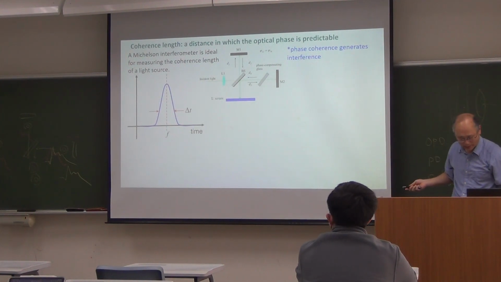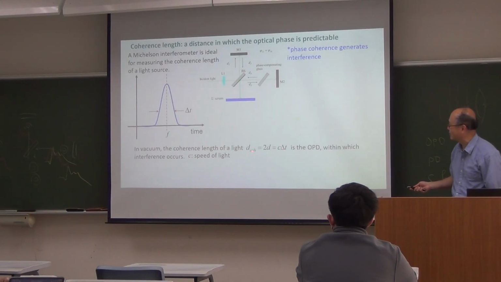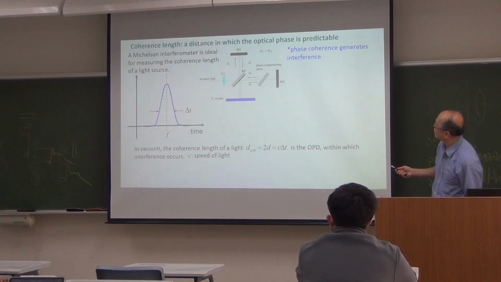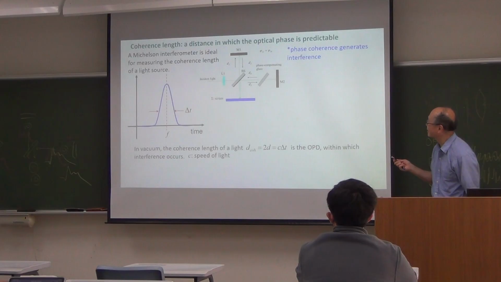In space, I can just multiply this with the propagation speed of light in space to get a certain length. We call this the coherent length. So the coherent length is a distance in which the optical phase is predictable, and practically it is the length separation between these two arms within which you will see interference fringes here.